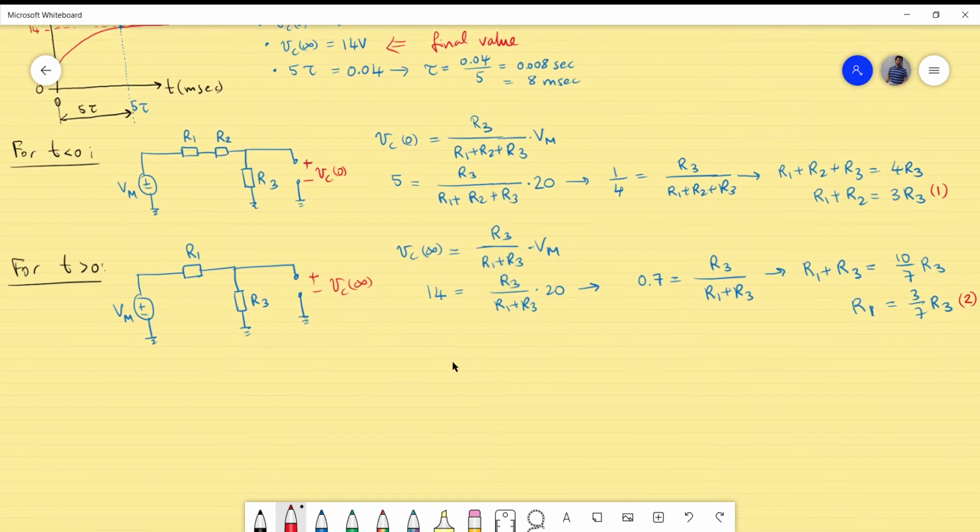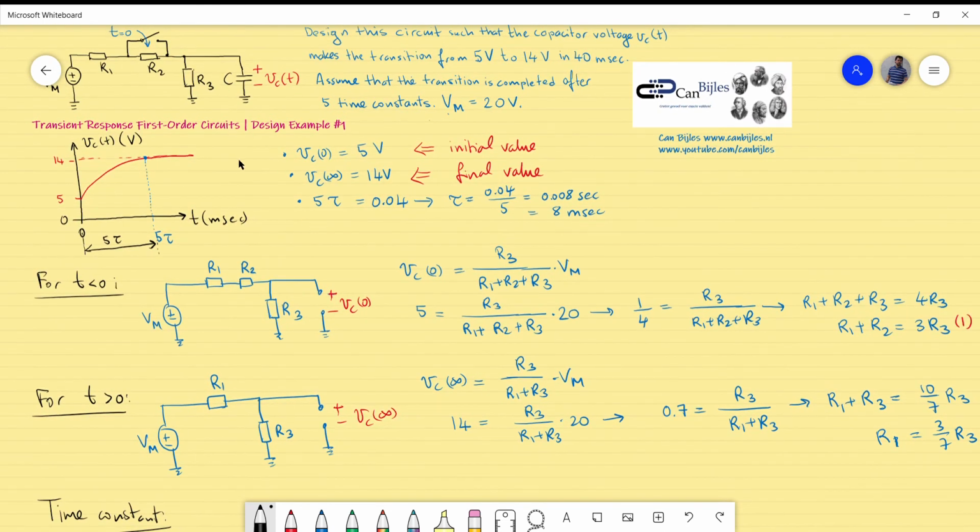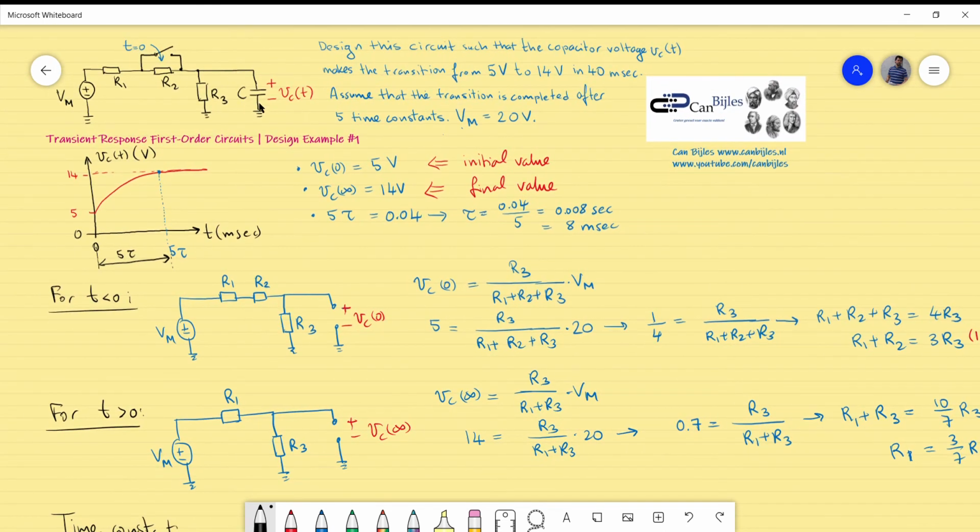For the time constant, we again use the situation when the switch is closed. So actually it's the situation when we have the calculation for the steady state, and we look between the terminals of the capacitor, and again referring to the circuit, the capacitor terminals will see a specific resistance here, and then we assume that all independent sources are turned off, so those are off.